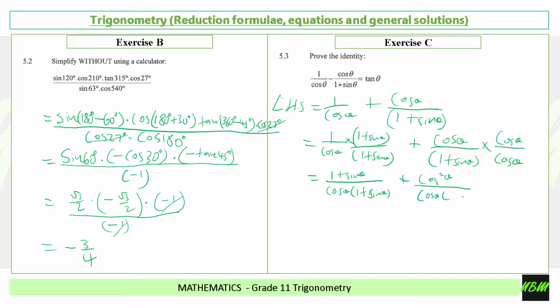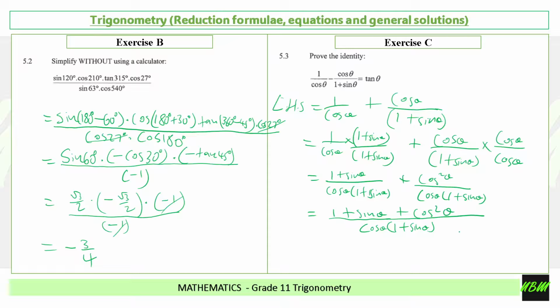We have cos theta times 1 plus sine theta. Now our denominators are the same. We say the denominator is cos theta times 1 plus sine theta. Then we simply add the numerators, 1 plus sine theta plus cos squared theta.